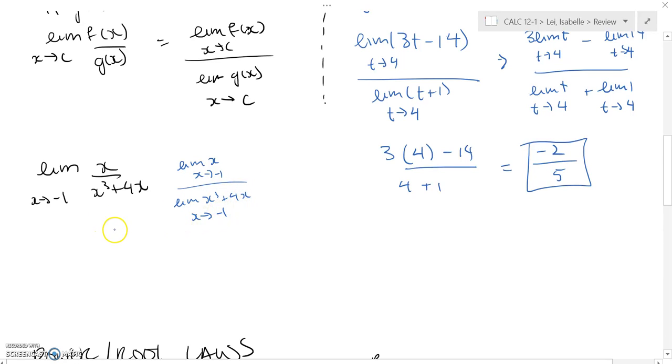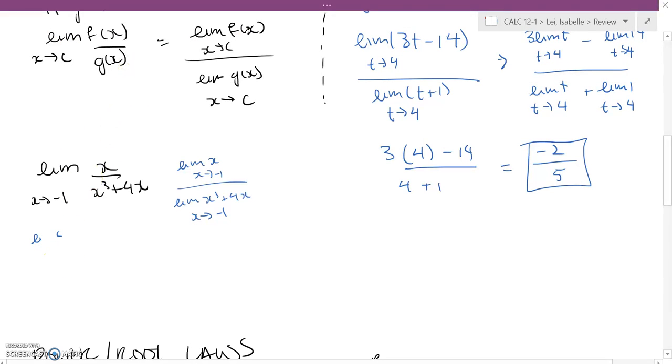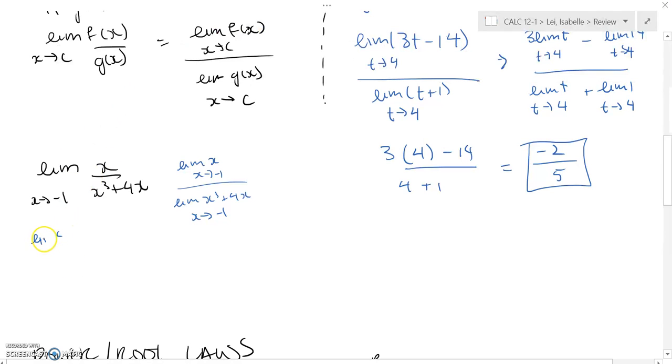And then once again, using the constant multiple law and the sum law, we can break this up even further into the limit of x as x approaches negative 1 over the limit of x cubed as x approaches negative 1, plus 4 times the limit of x as x approaches negative 1.